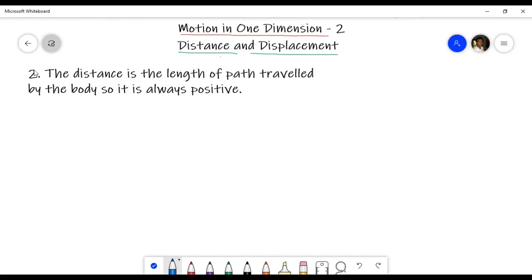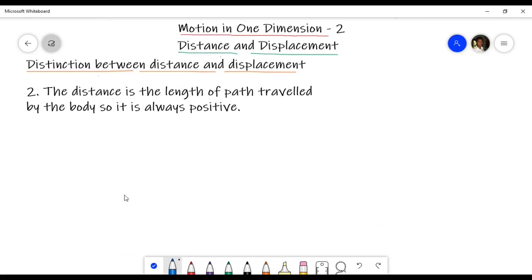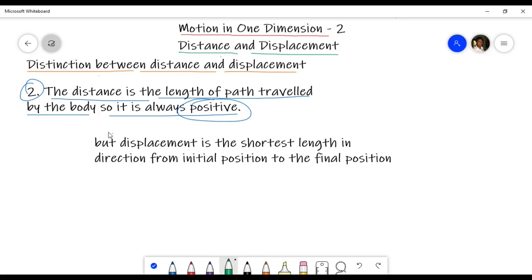Let's see the second distinction between distance and displacement. The distance is the length of path traveled by the body, so it is always positive. Okay, remember that the distance is always positive, but displacement is the shortest length in direction from initial position to the final position.